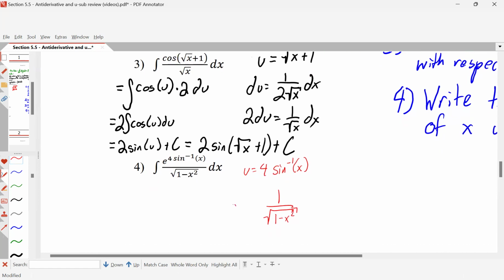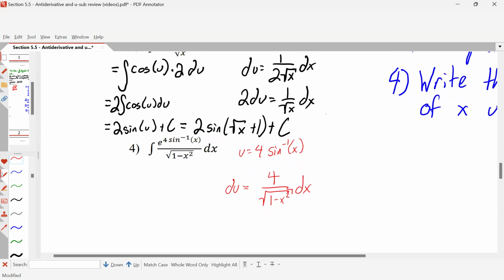That means the derivative is 4 times the derivative of sine inverse, or 4 over square root 1 minus x squared dx. With a little bit of rewrite, this means 1/4 du is equal to 1 over the square root 1 minus x squared dx.